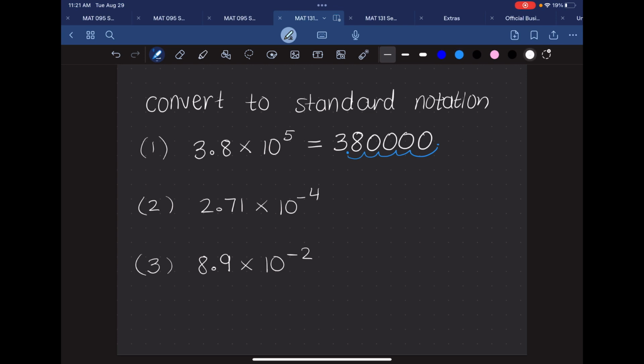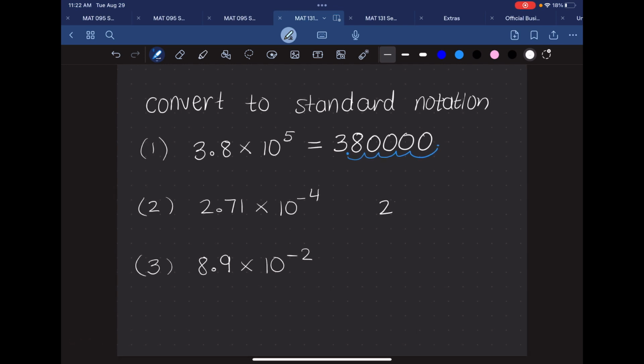Okay, now we have 2.71 times 10 to the negative 4th. Every time that I divide by a 10, I'm moving the decimal point over to the left. So I've got this 271. My decimal point is originally here, but when I multiply by the 10 to the negative 4th, I'm going to move it over 1, 2, 3, 4.